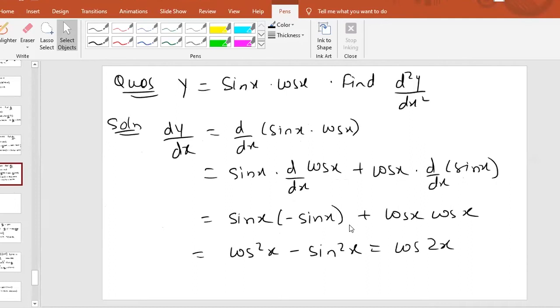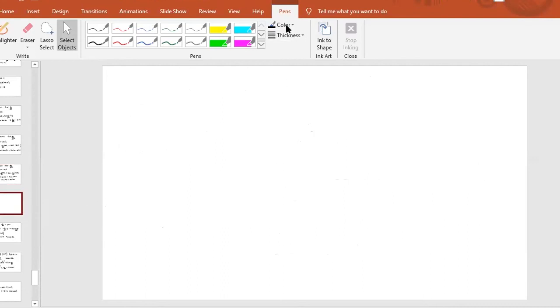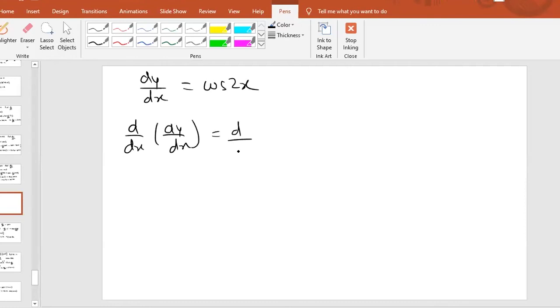In this particular problem, we get dy by dx equal to cos 2x, because we know the formula cos square x minus sin square x is equal to cos 2x. Now we have dy by dx equal to cos of 2x. Now we have to find double differentiation, which means d by dx of dy by dx must be equal to d by dx of cos of 2x.